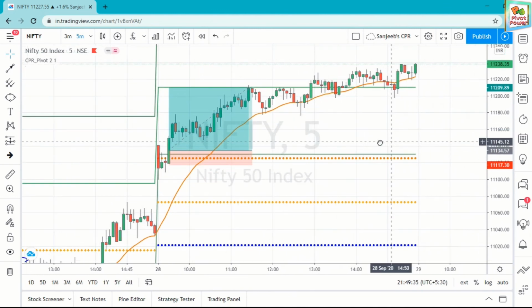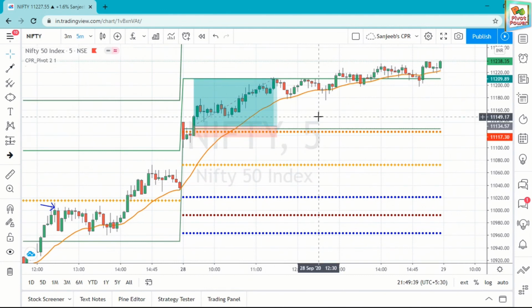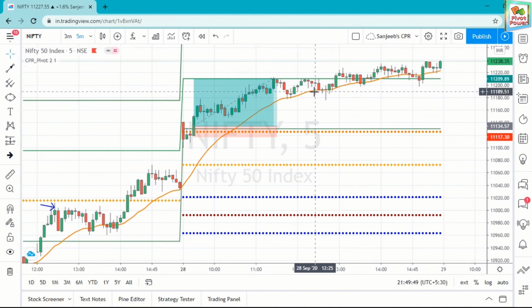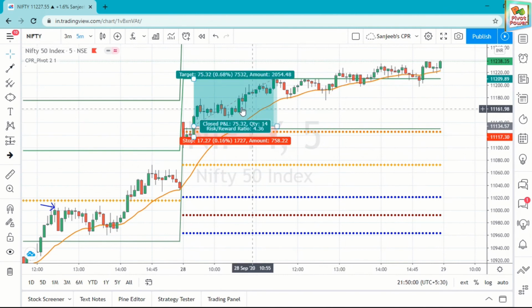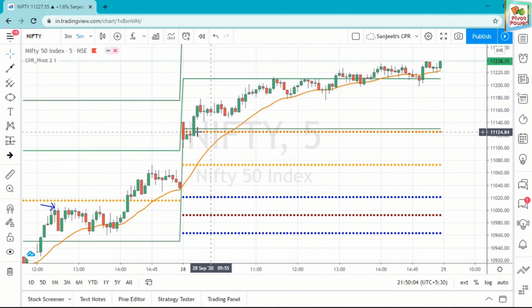This is the support and resistance. Always take entry above the support, and sell out near the resistance level. Here is the support area.